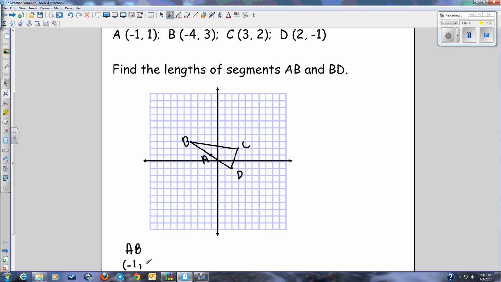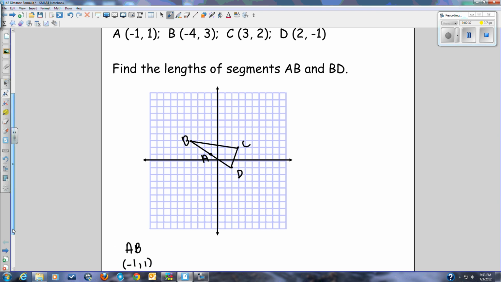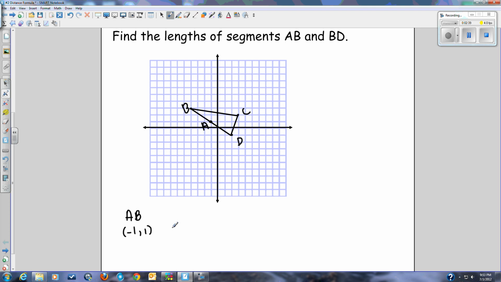So negative 1, 1 and negative 4, 3. So AB we can label as x1, y1. And negative 4, 3 would be x2, y2.